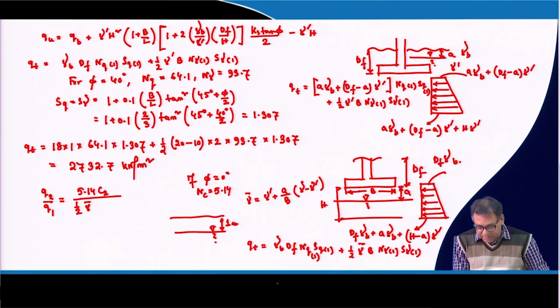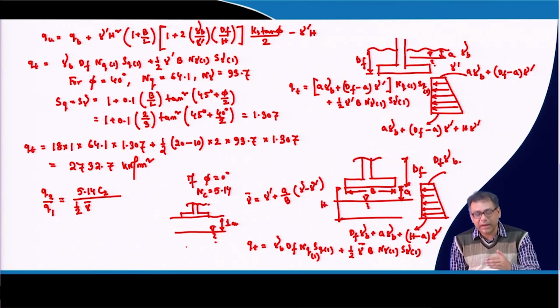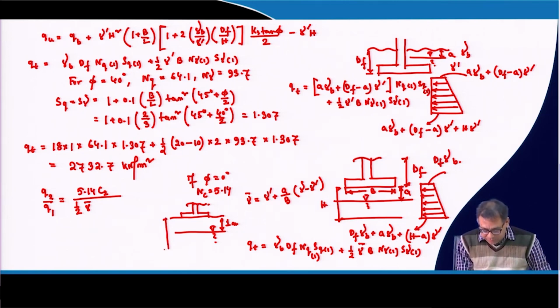But for the top layer, suppose we are placing this foundation at the surface. Then the water table will affect up to a depth of B from the base of the foundation. Here the base of the foundation and the surface are the same, because it is a surface footing. So now this is equal to B, and this is equal to say A. Okay.